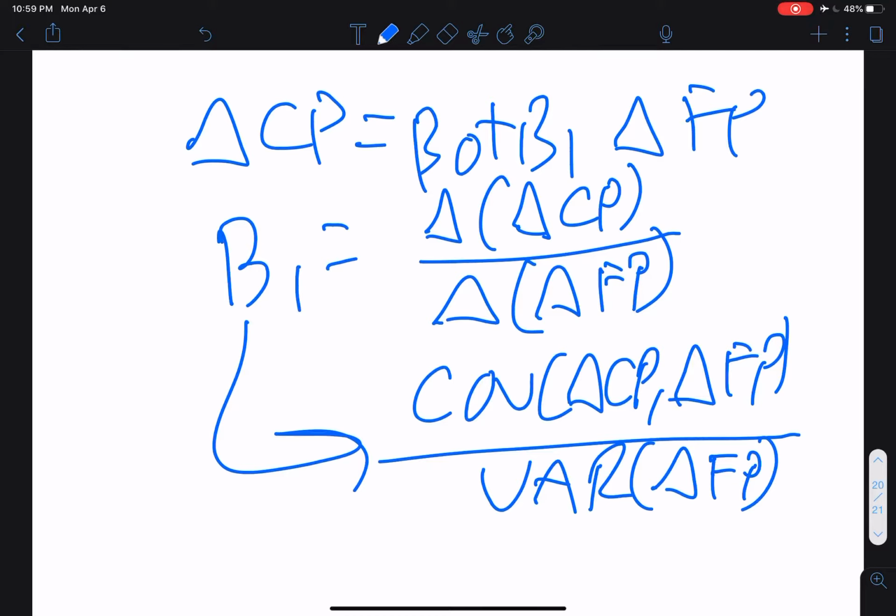I now want to show you some application of portfolio theory to this idea of hedging. And let's start by making the observation that we've done many times before.